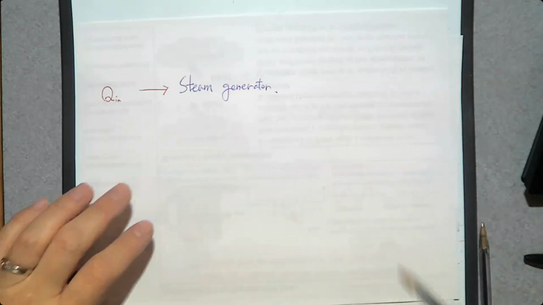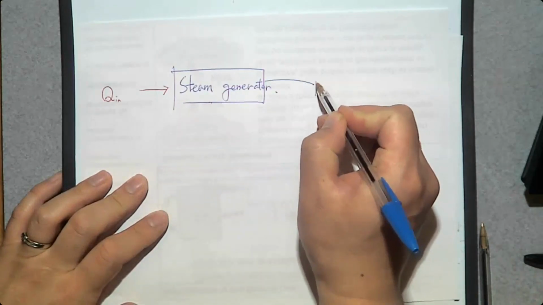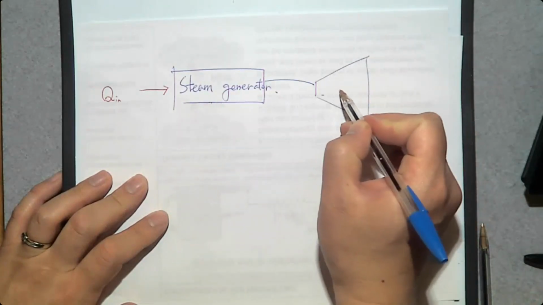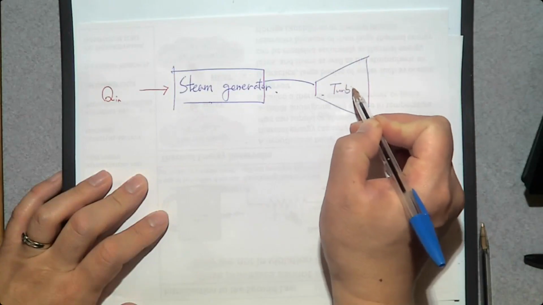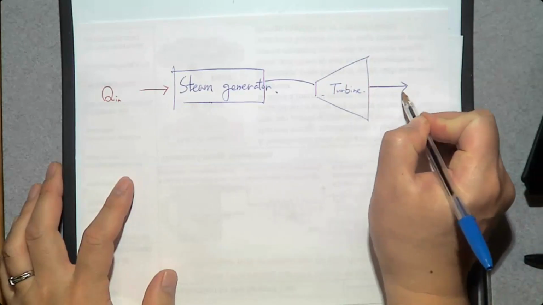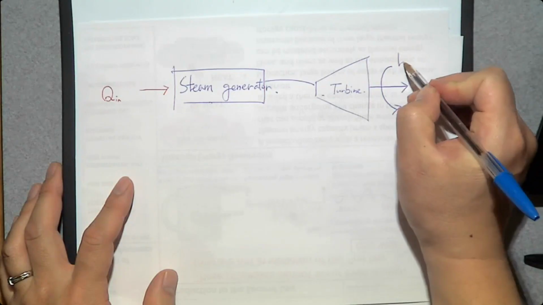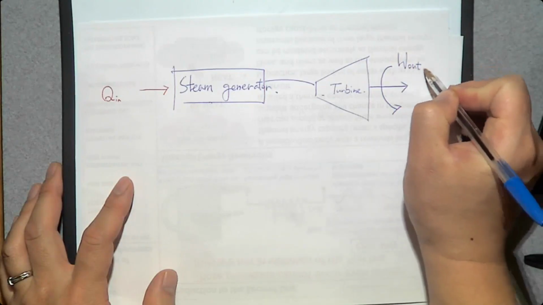And this steam is going to enter a turbine and expand in the turbine. Due to the expansion of this steam, we can produce mechanical work, that is turbine work.